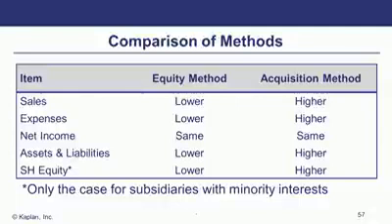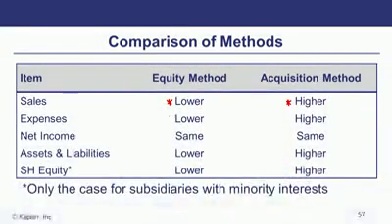Now, under the equity method, of course, your sales are going to be lower, because under the equity method, remember, we're seeing a one-line consolidation. We're only seeing one line in the income statement, and remember that one line in the group income statement comes after the tax expense. That means when we look at sales, all we're seeing is the parent company's sales.